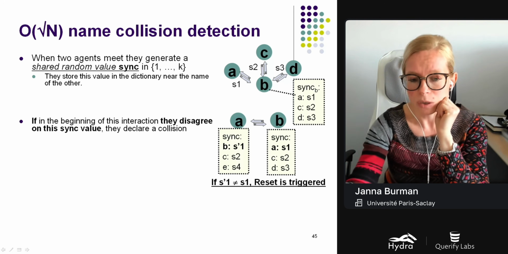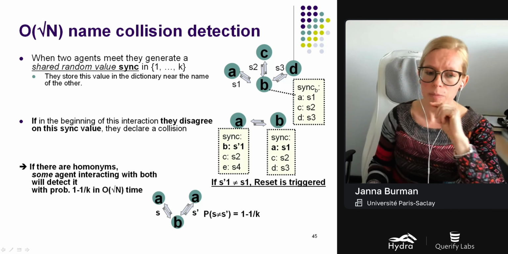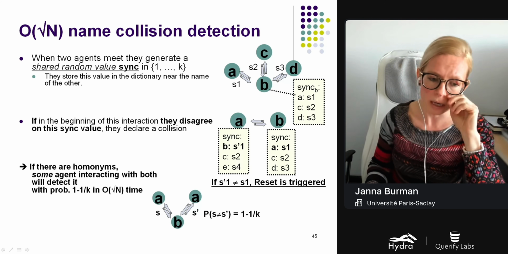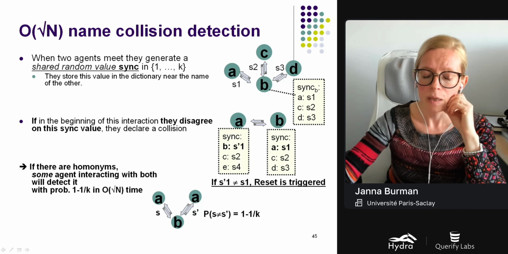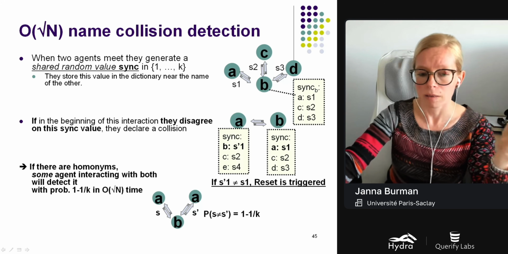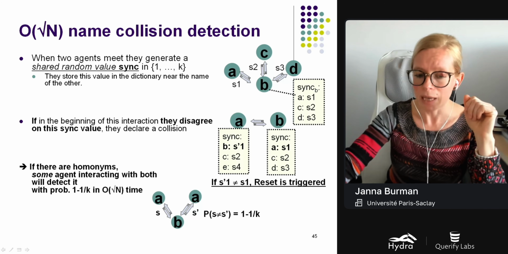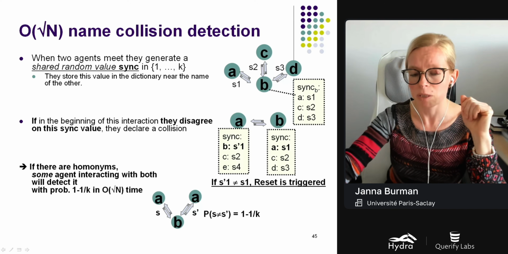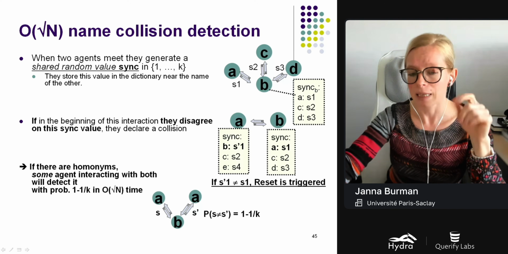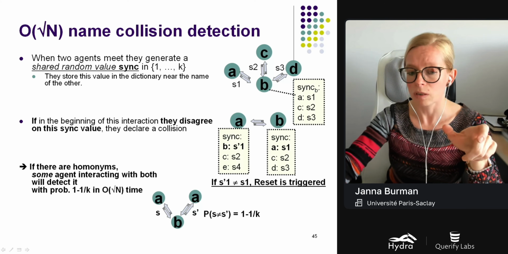Why? Because it can happen with probability 1 minus 1 over k if there are homonyms, and in square root of n time, some agent will meet such homonyms, and with this probability I mentioned before, the sync values during these two meetings will be different.